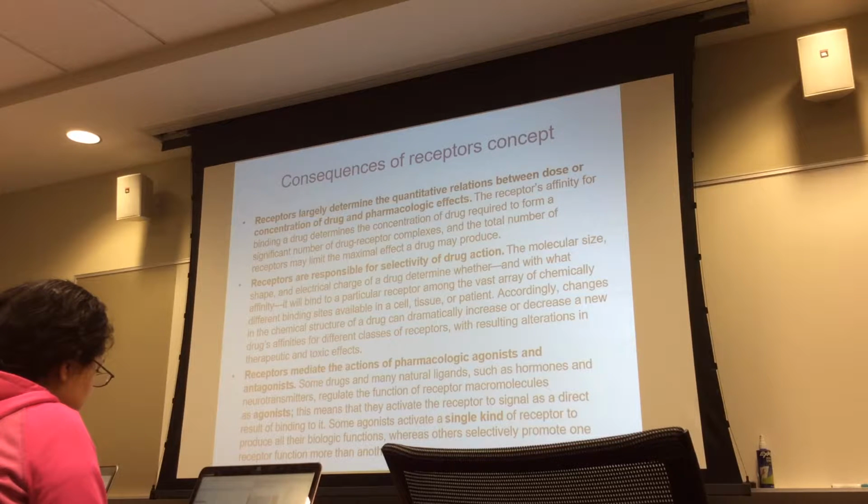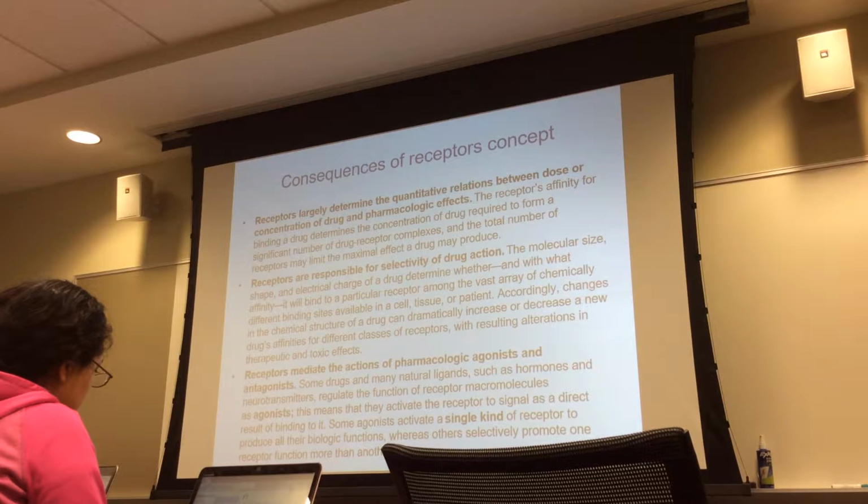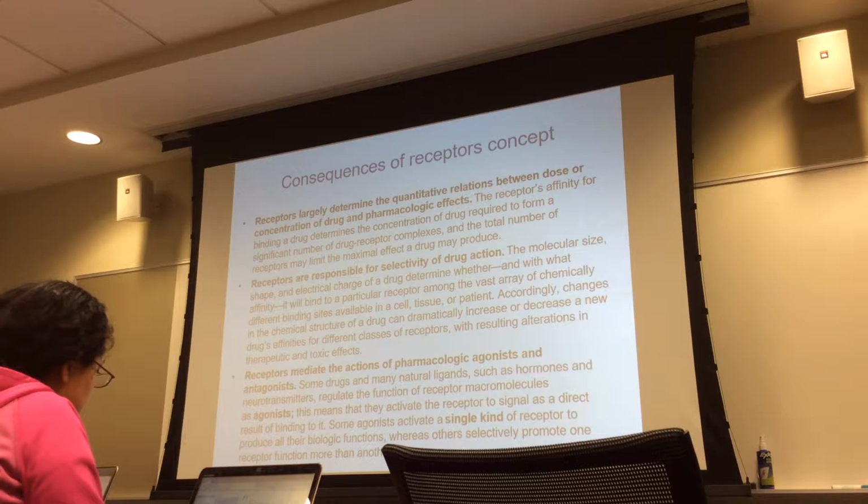The receptor affinity for binding a drug determines the concentration of the drug required to form a significant number of drug-receptor complexes. Some drugs have high affinity, so you don't need much of them, and some have low affinity, so you need to increase the concentration to get an action. So it's the affinity between the drug and receptor that decides how much of the drug you need.